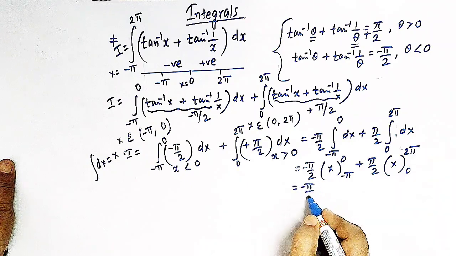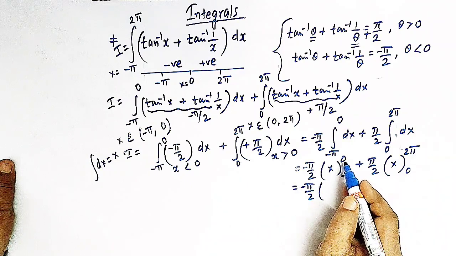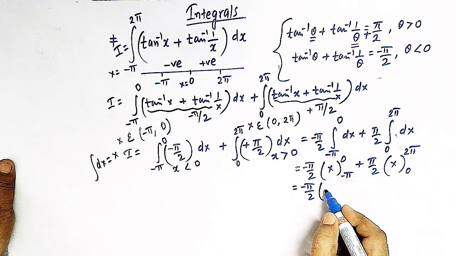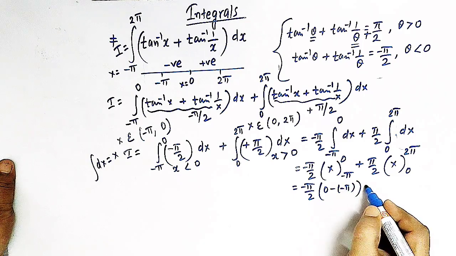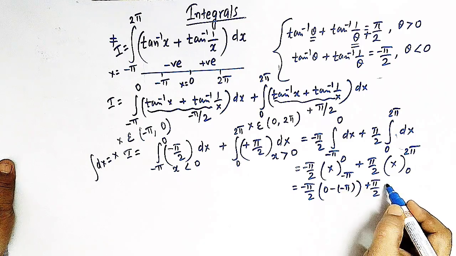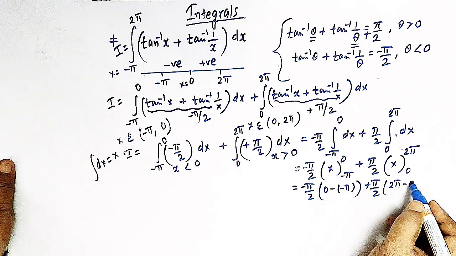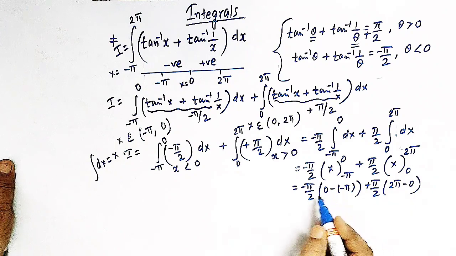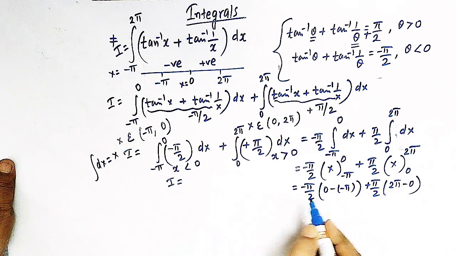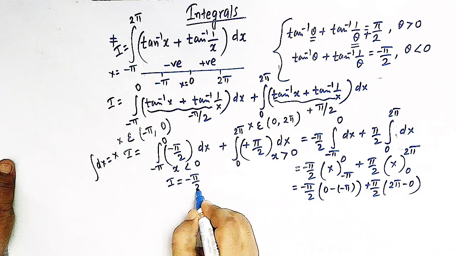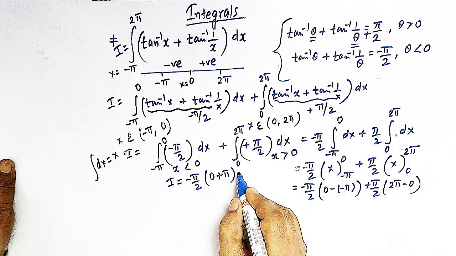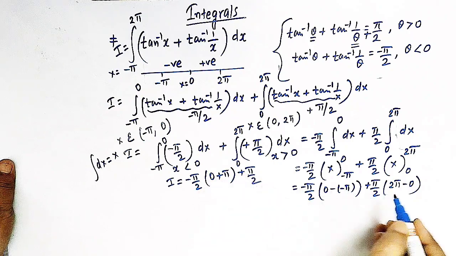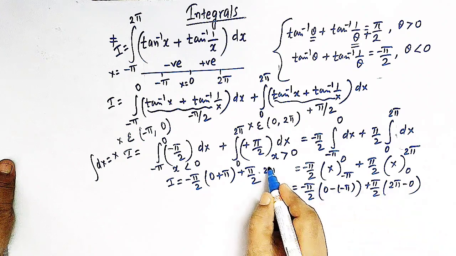Now we substitute the limits and take the difference. So we have 0 minus minus pi, and here pi by 2 times 2 pi minus 0. So now I is equal to minus pi by 2 times 0 plus pi, plus pi by 2 times 2 pi.